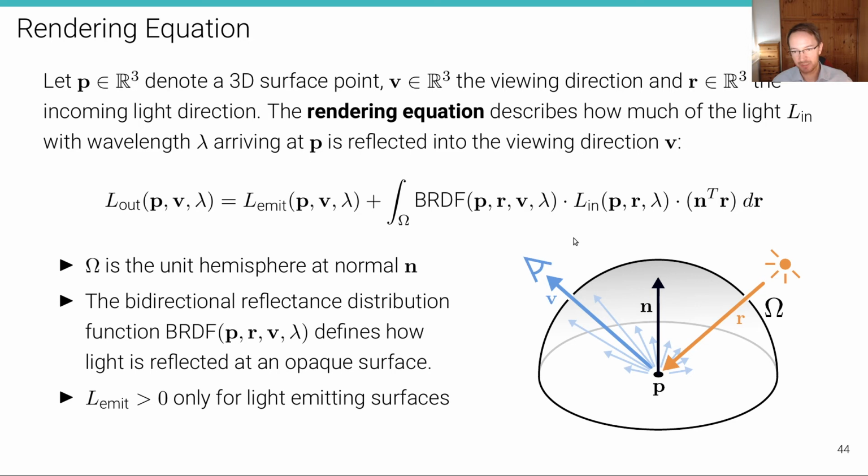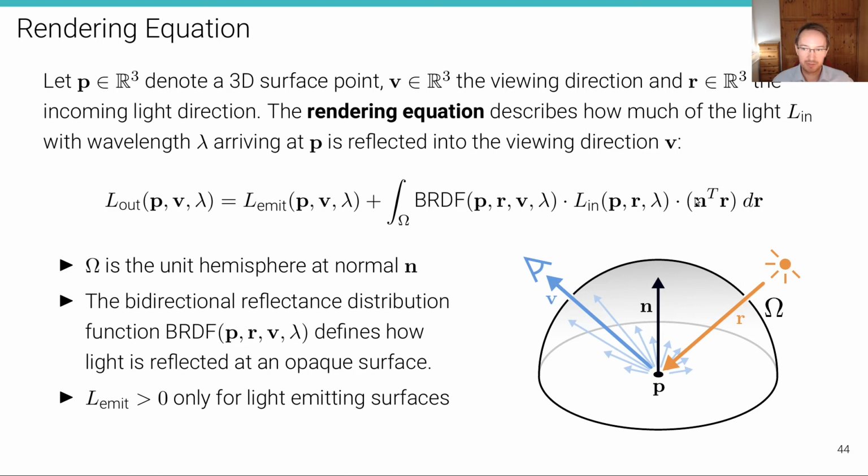So we're integrating over all the incoming light directions, multiplying this bidirectional reflectance distribution function with the corresponding intensity of the incoming light at point P from direction R with wavelength lambda.